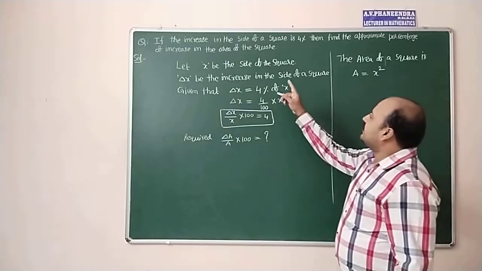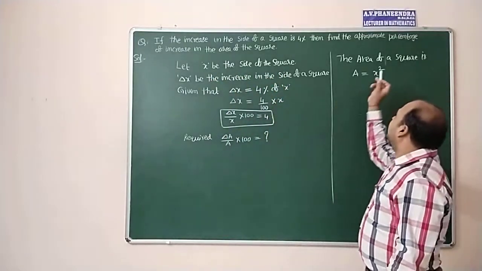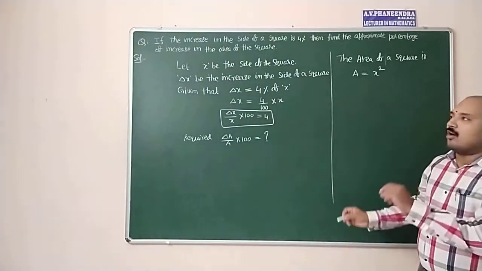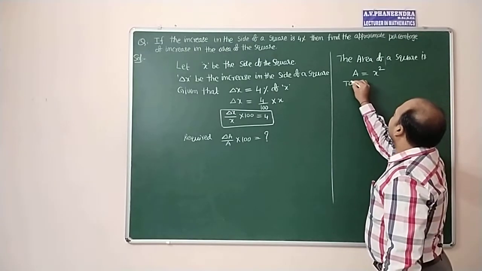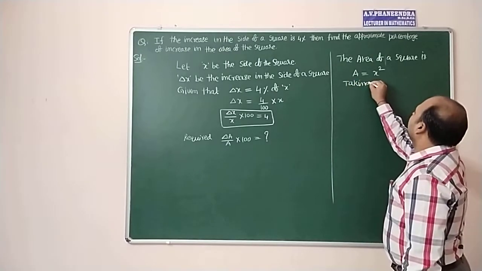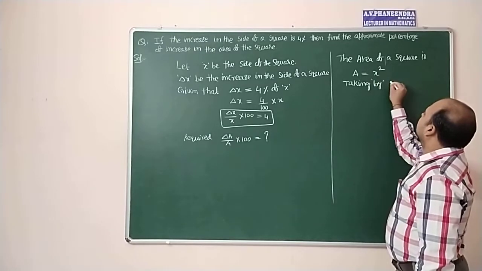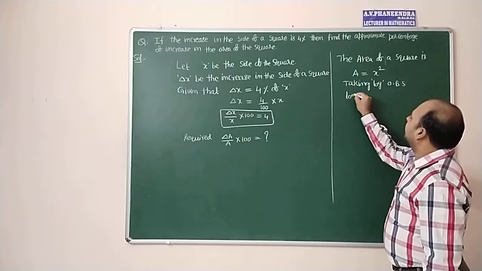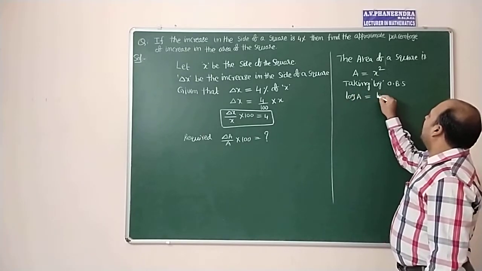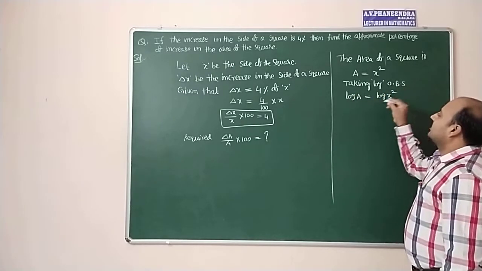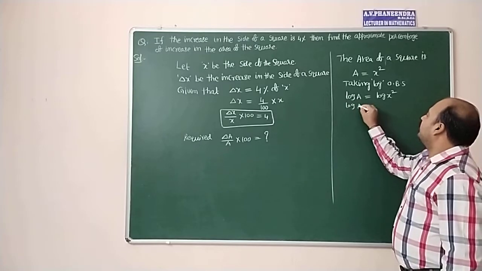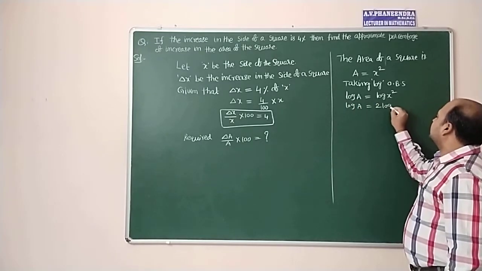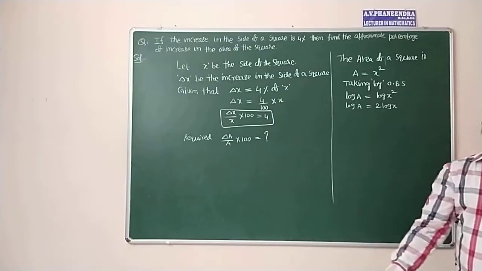So whenever they ask for percentage increase, take log on both sides. So log A is equal to log x square. Log A equals 2 into log x, since log a power m means m into log a.